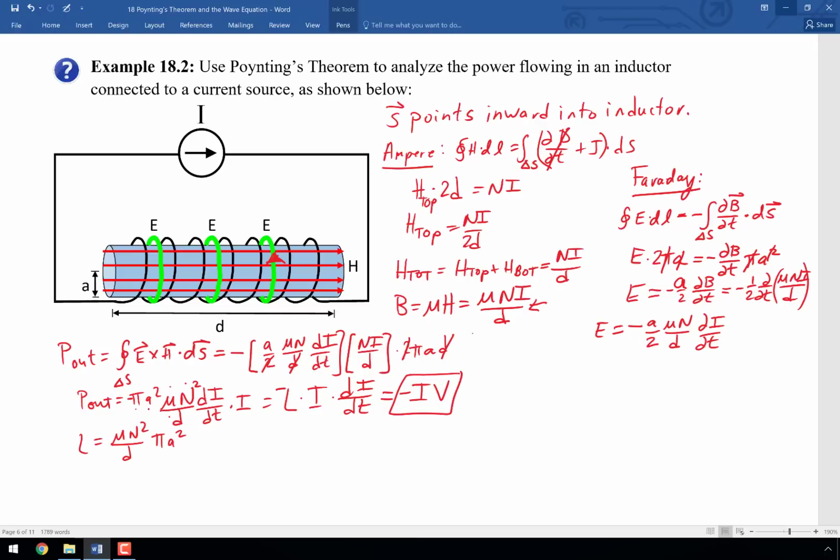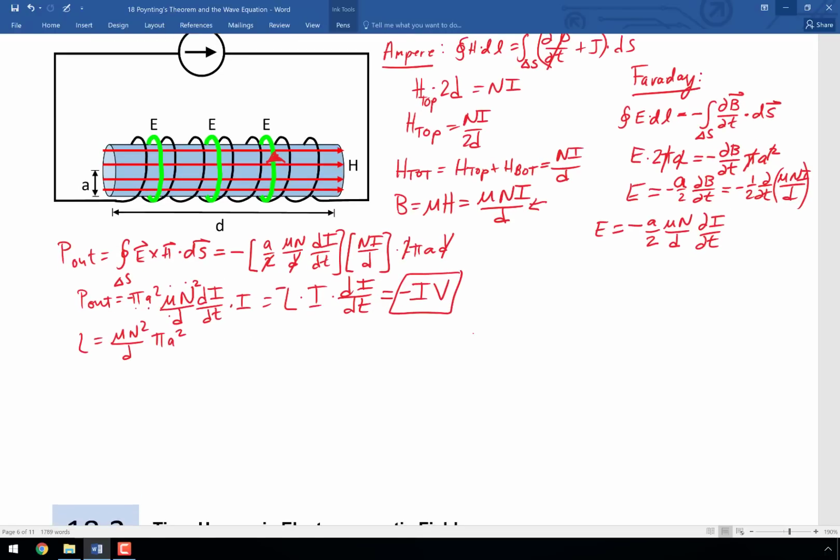So that takes care of the left-hand side. As we saw in the previous example, P sub L is going to be equal to 0. There's no dissipation inside of this inductor. We're also going to find that W, the lowercase w, is 1/2 times epsilon E squared plus mu H squared, but there is no energy storage in the electric fields here.